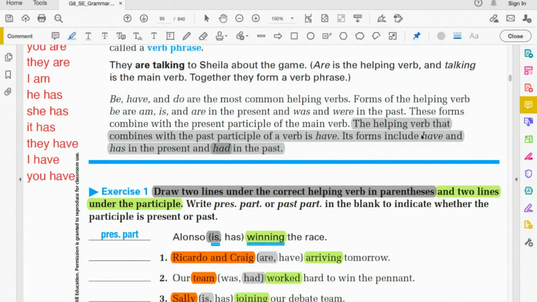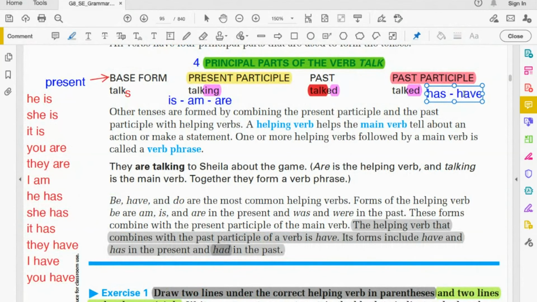In review, the helping verb that combines with the past participle of the verb is have. Its forms include have and has in the present, and had if it's in the past, something that happened before. Has, have, and had.